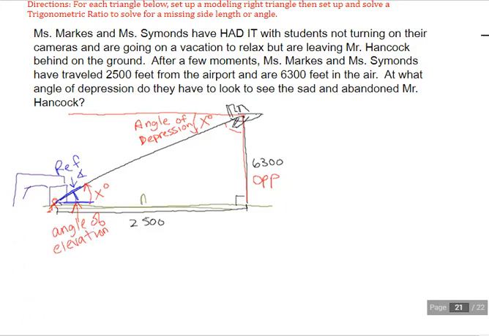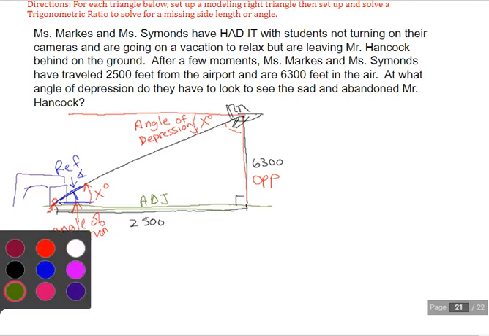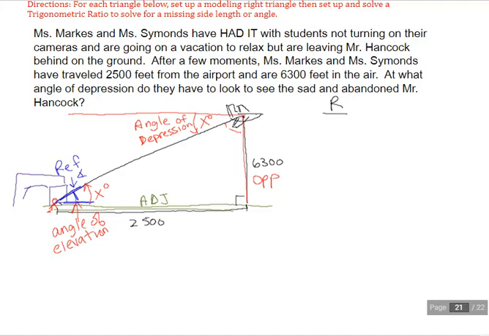Okay, so that's going to dictate which function we're going to use. So referencing the actual information, we have opposite and adjacent, so which to use? And so we have O over A.